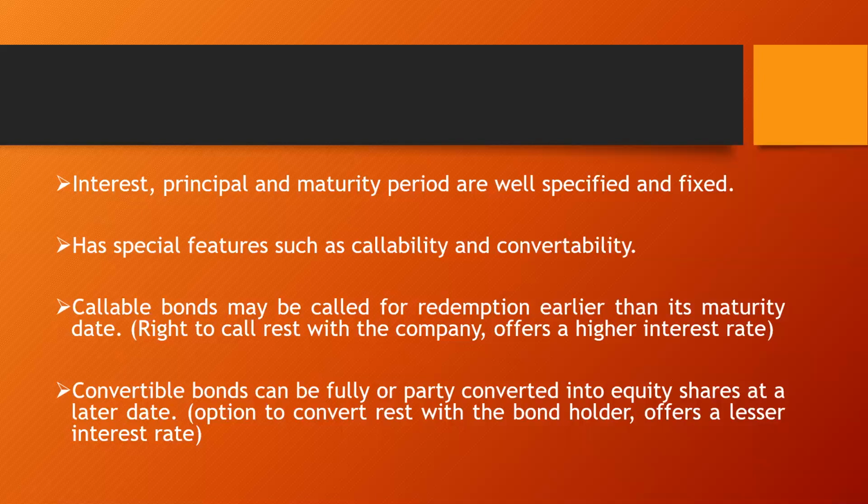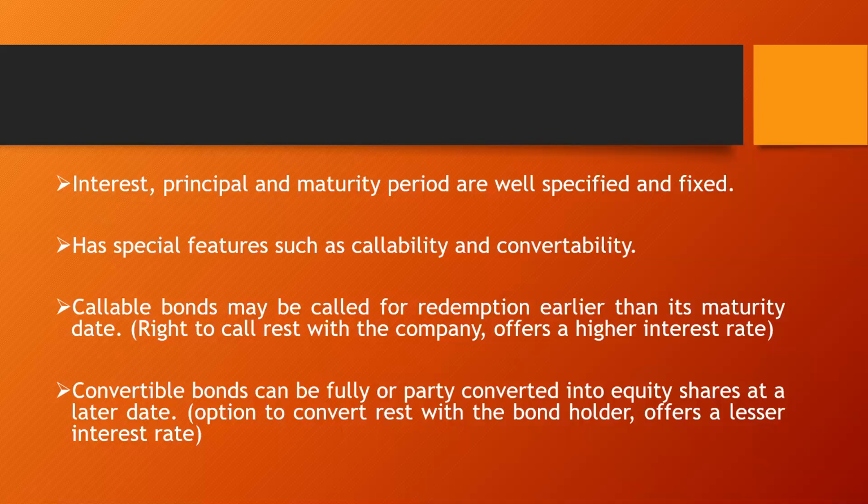Now, the second category is convertible bonds. These bonds can be fully converted or partly converted into equity shares at a later date. The option to convert these bonds into equity shares will be with the investor or the bondholder. The bondholder can decide whether they want to convert the bonds into equity shares after a period of 3 years or 5 years, whichever is the term in the agreement.